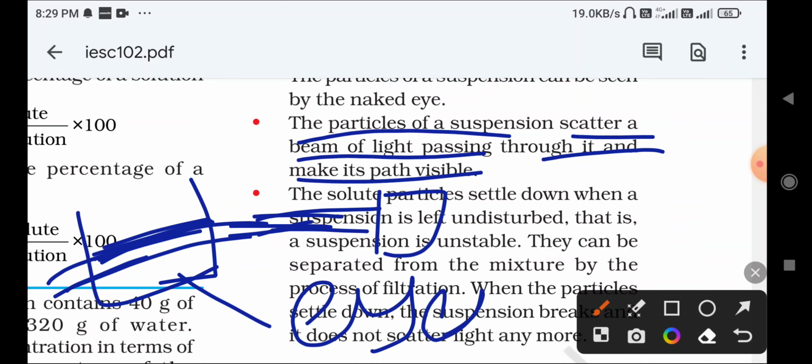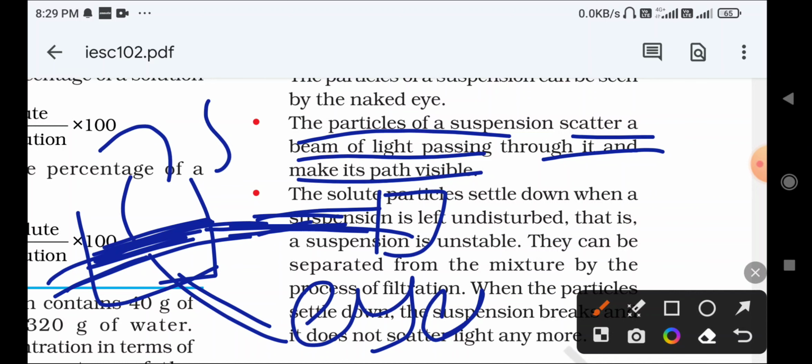When these particles are suspended in a solution and we are passing light through it, we can see the path of the light, which is very easy to see by our naked eyes, because the particles are suspended here and they can easily scatter the light. So due to this scattering of light, you can see the path of the light.